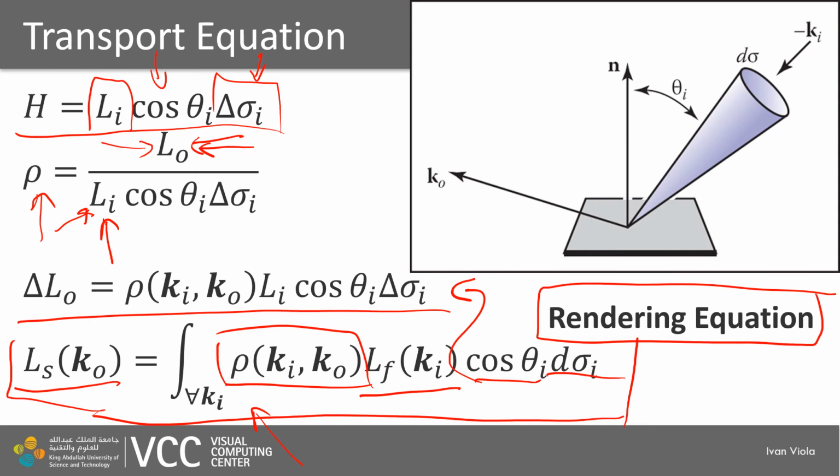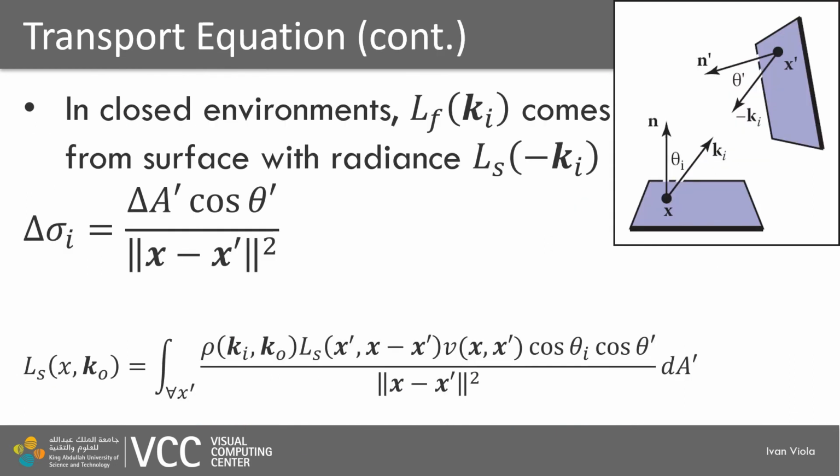Such an equation characterizes the light transport between the incoming light and the outgoing light. Sometimes, especially in closed environments, we would like to express that the surface radiance becomes a field radiance for another surface element. So here is the transport between different surfaces of our scene. We can see it on the following drawing, where we see the surface area of x prime and the surface area of x.